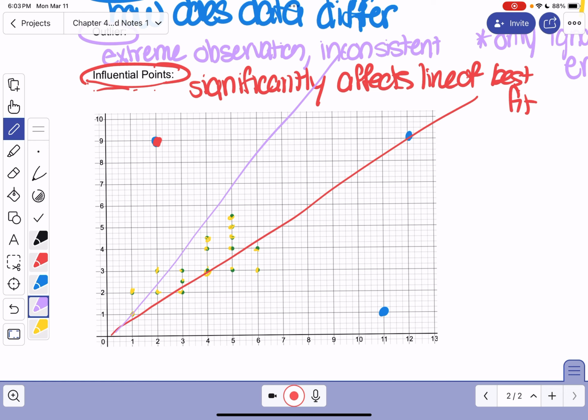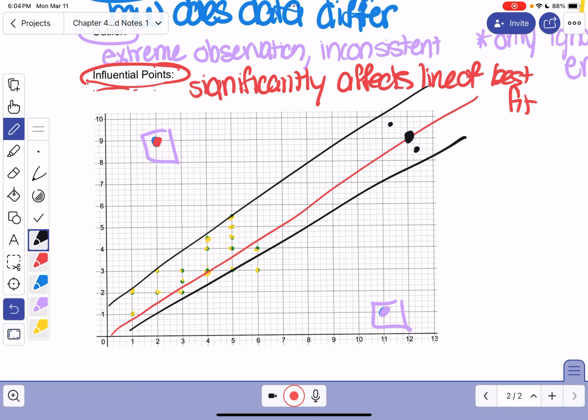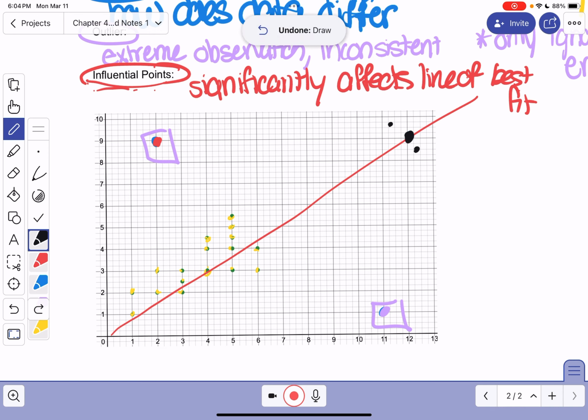Probably not that drastically, but it would change it. If I include this data point, it's going to pull the line down. So those are both influential points. This point still falls near the line. It could be here, it could be here, but it's in the general direction of the data and wouldn't really affect our line of best fit. So this one is not influential.